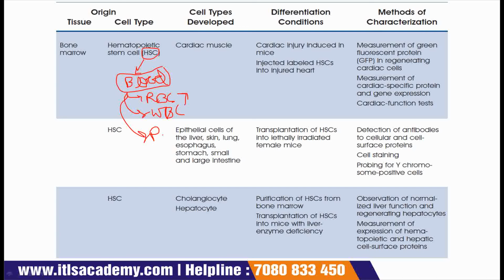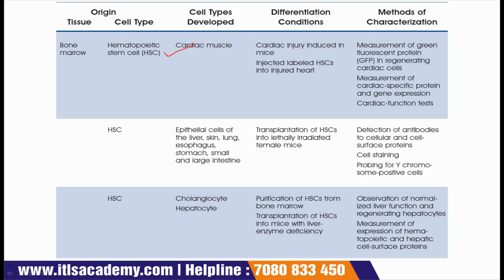As we know, WBCs are of various kinds, that is granular and agranular, and granular and agranular are further divided. We can say that in the blood, these WBCs are of many kinds, while RBCs and platelets are not of many types. So, cell types that are developed from hematopoietic stem cells.